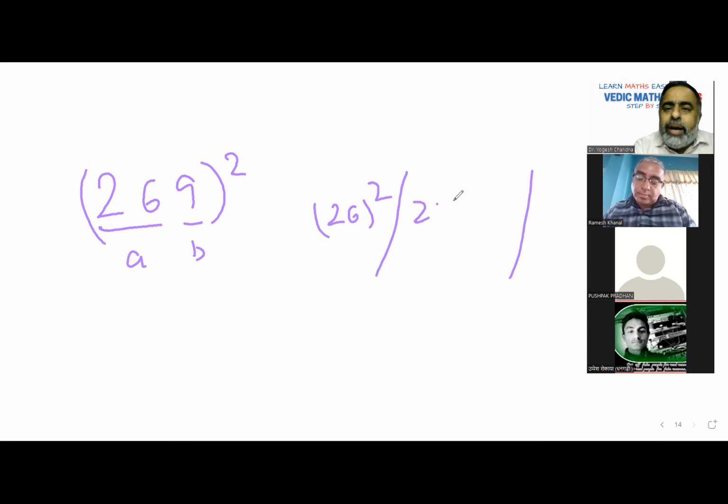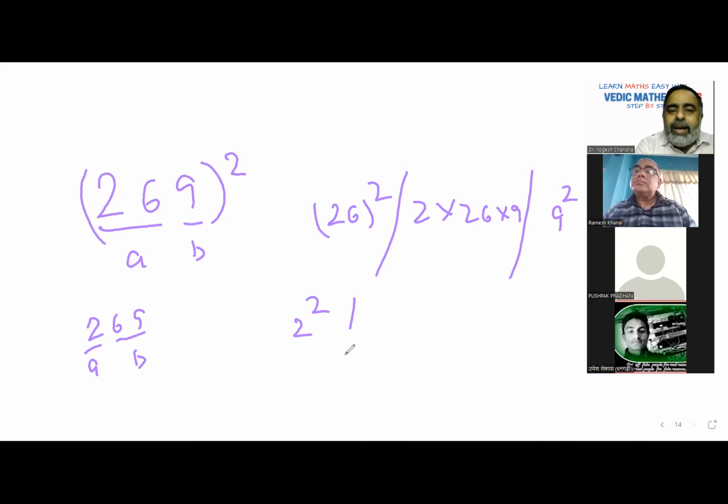Then 2 into 26 into 9, and then 9 square. Or if you take this as A and this as B, 2 square is okay, but again 2 into 69 into 2 and 69 square is difficult for you.